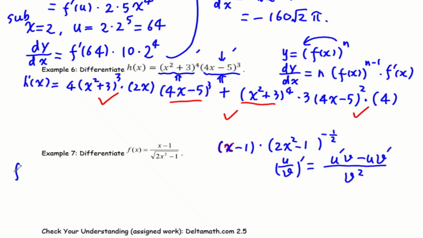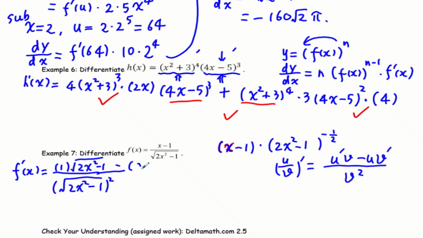So f prime of x equals denominator squared over, first, the first derivative, so x minus 1 derivative is 1. Then copy the denominator here. Then minus the numerator times the derivative of the denominator, where we are going to use a chain rule.